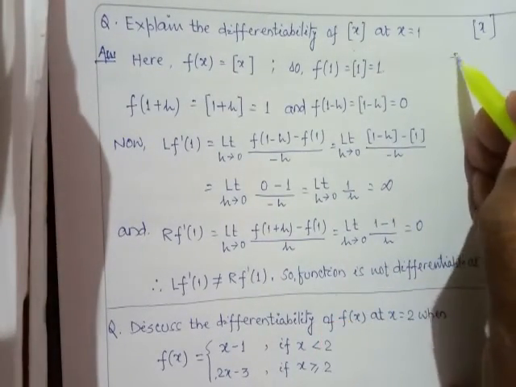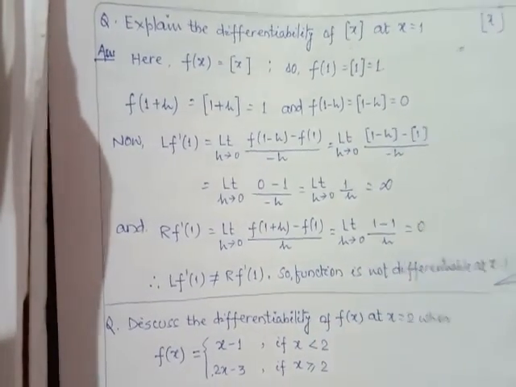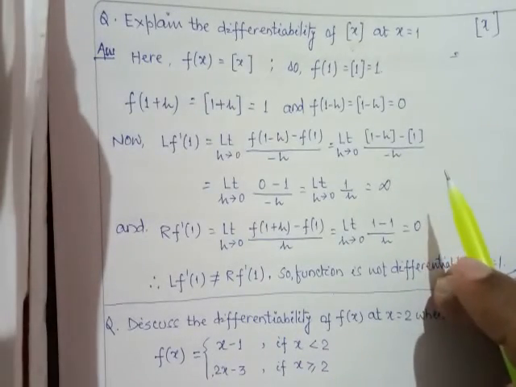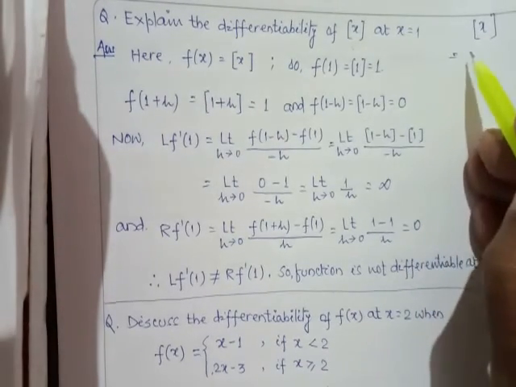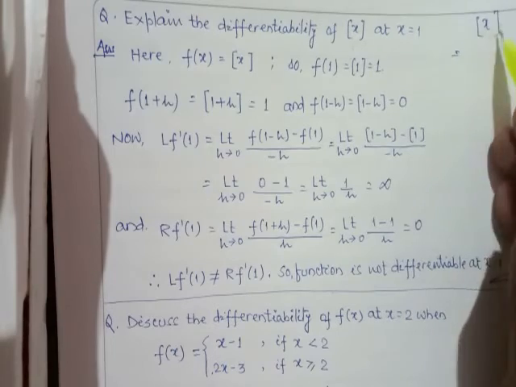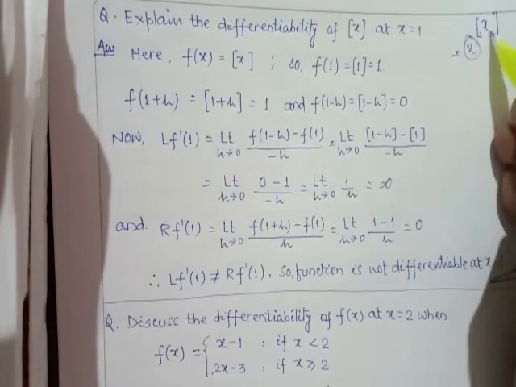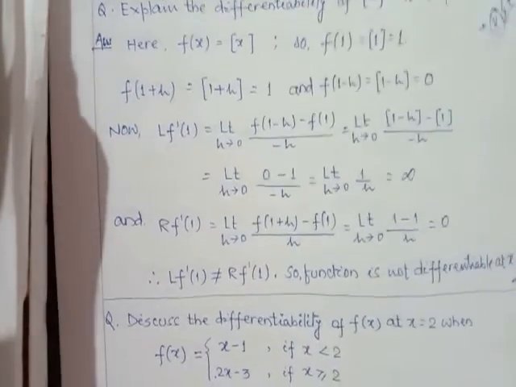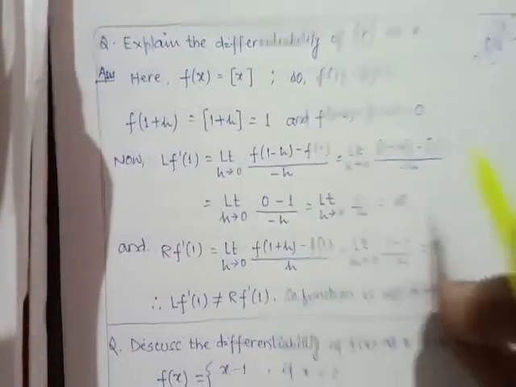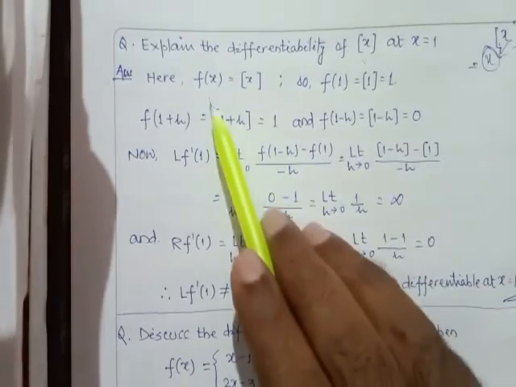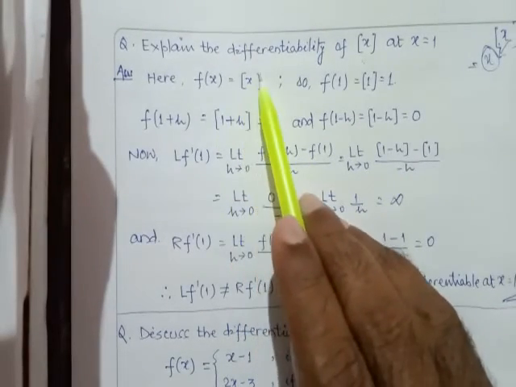Its value is the greatest integer but not more than x. So f(x) is equal to the greatest integer of x. So f(1) is the greatest integer of 1, which is 1.